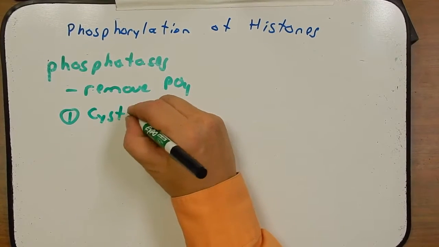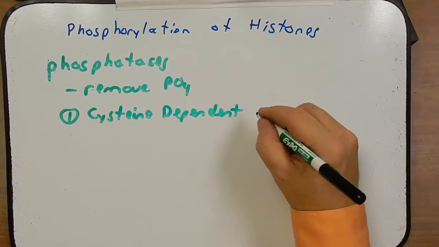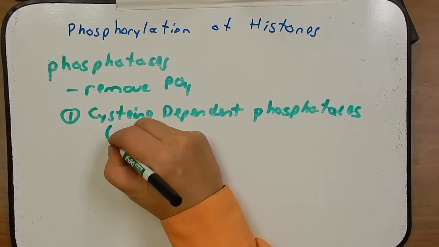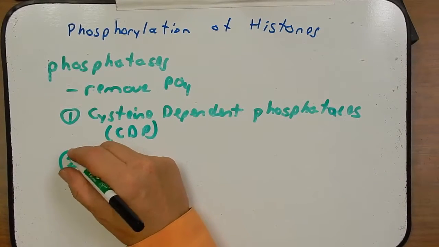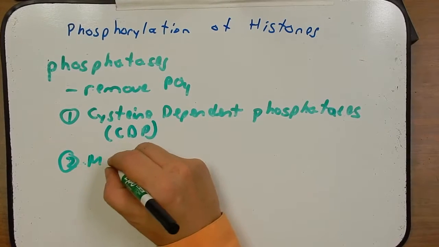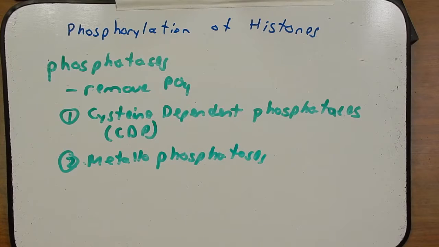The first is cysteine dependent phosphatases, and these are often just called CDP. And the second class are these metallophosphatases. So all I want you to know about the phosphatases as far as their role in removing phosphate groups from histones is that they do have a role in removing phosphate groups, and that there are these two classes. That's all I want you to know about phosphatases for right now.